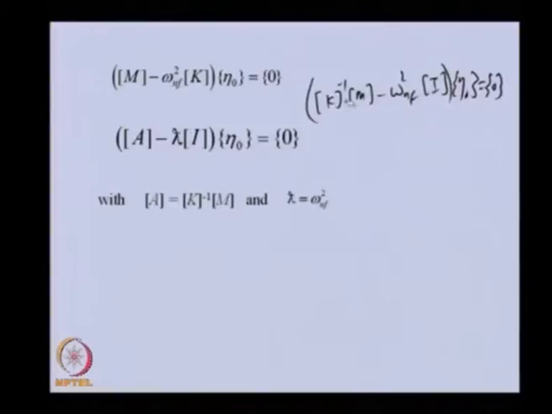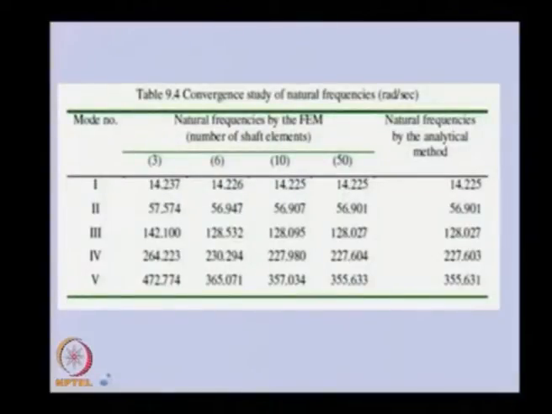So this K inverse into M I am writing as A, the A matrix, and I have expressed this as lambda. So this is the standard eigenvalue problem. If we obtain the eigenvalues of the A matrix, the square root of that will give us the natural frequency, and the eigenvectors will be the mode shapes. So let us see the calculation in more detail.